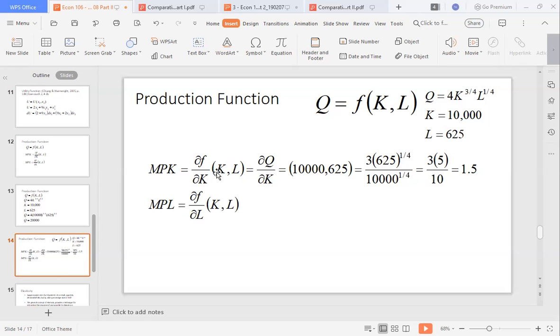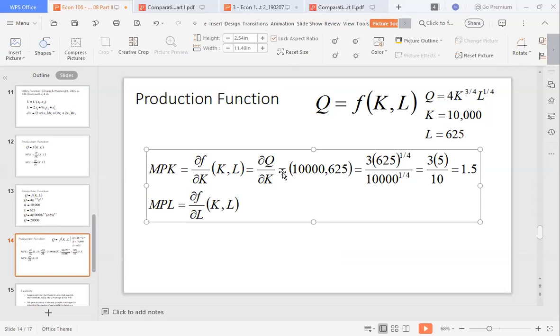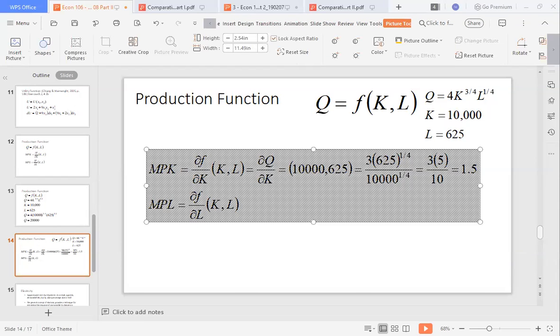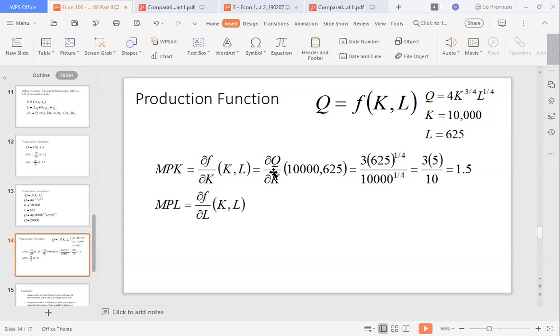Our definition of MPK states that it's partial F over partial K multiplied by K and L. Because we now have our production function, which is equal to this one, we can just get partial Q over partial K. This is partial Q over partial K multiplied by K and L. K and L here are 10,000 and also 625. You can also substitute this one.